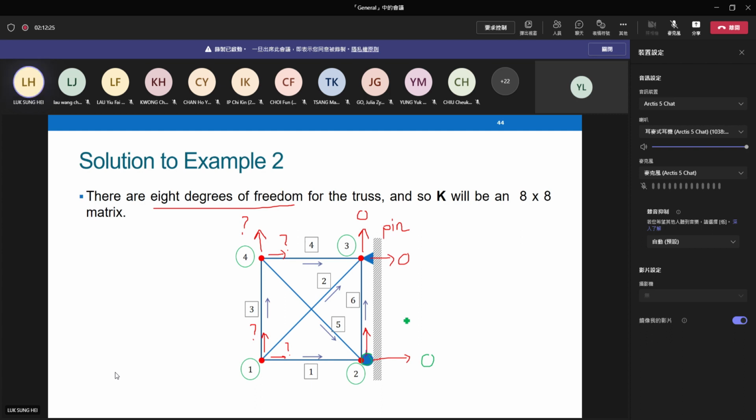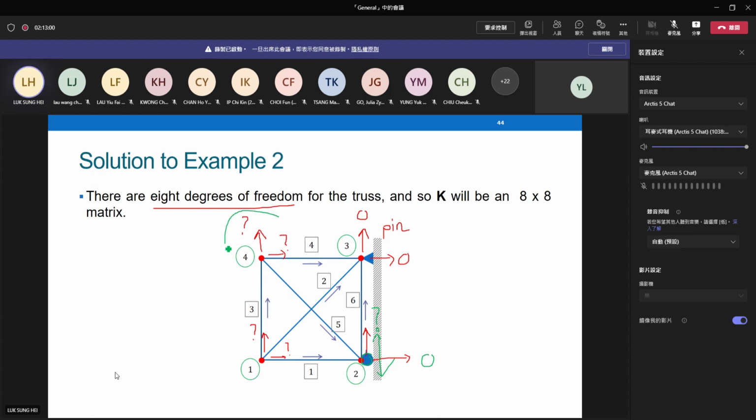Roller support depends on how it is oriented. This time we align on a vertical wall. So the horizontal displacement is zero. The roller cannot go inside the wall. Well, it can move vertically without any restrictions for a roller. So the vertical arrow is a question mark in this case. Okay, you have to identify where you have question marks, where you have zeros yourself.